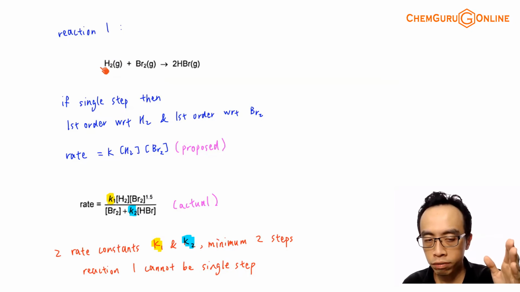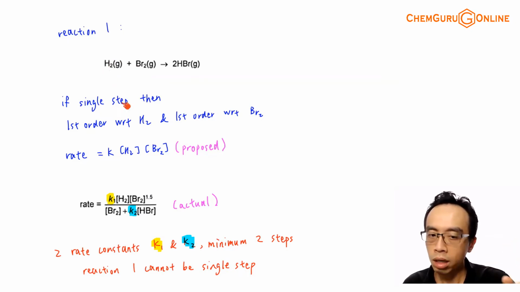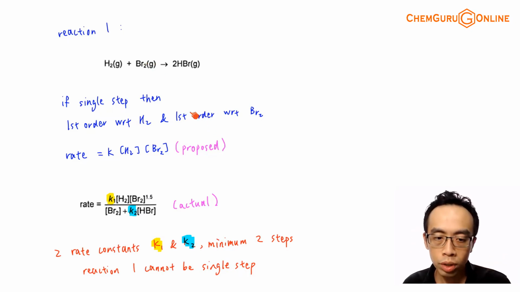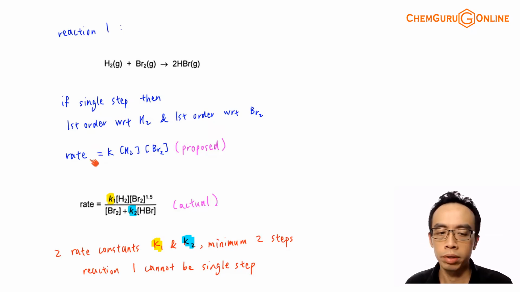So the coefficient for H2 is 1, first order with respect to H2. The coefficient for bromine is 1, first order with respect to Br2. This means that if this were a single step mechanism, the rate equation would be rate equals k, concentration of H2 power 1, concentration of Br2 power 1. This is the proposed rate equation if this were a single step reaction.